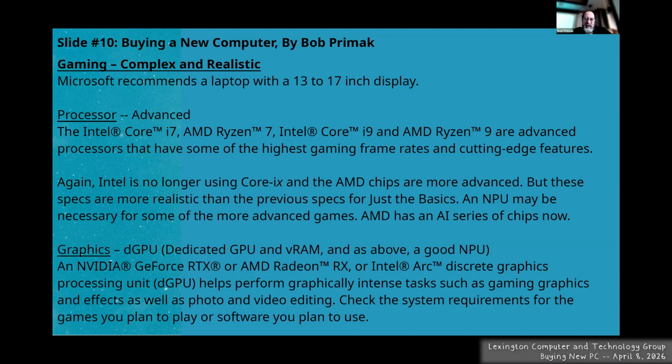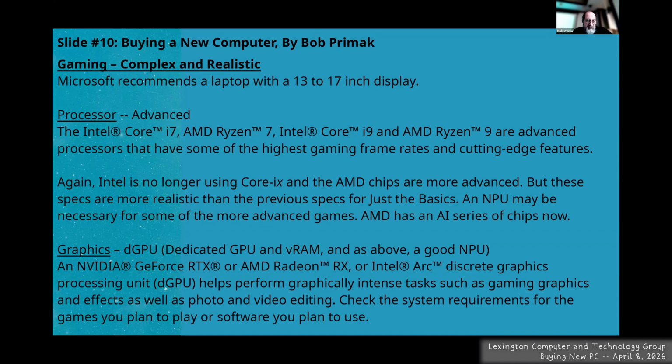An NPU may be necessary for some of the more advanced games these days, and certainly in the near future, it will be used. AMD has a nice series of AI chips now. Intel is playing catch up in that regard. Graphics, dedicated GPU and VRAM, and a good NPU. NPU can be used also to accelerate graphics.